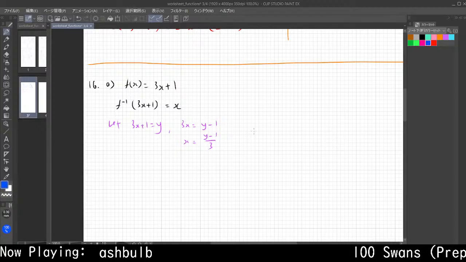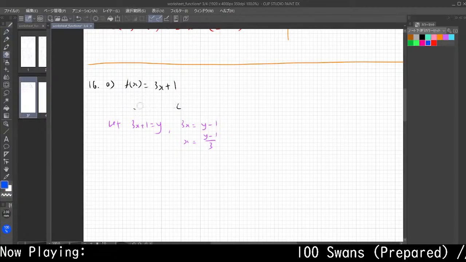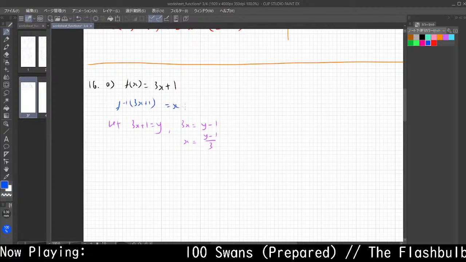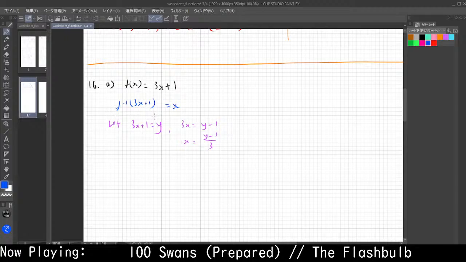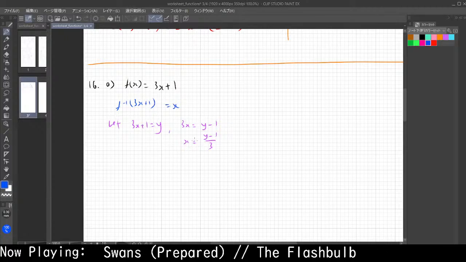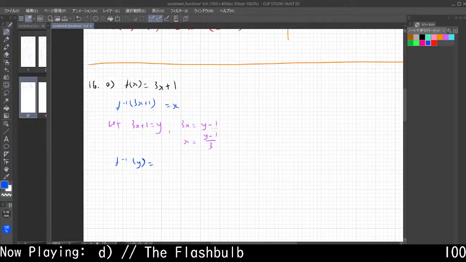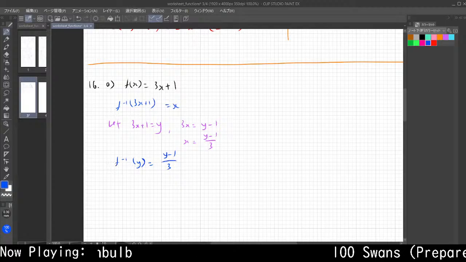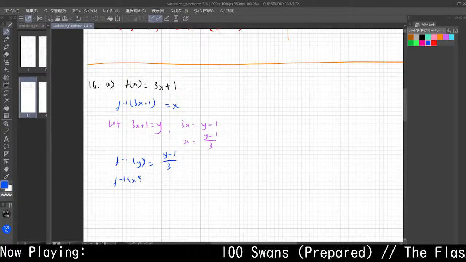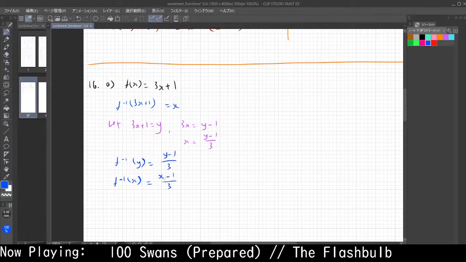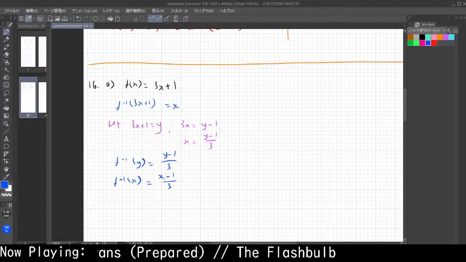Then f inverse y equals x, x equals y minus 1 over 3. You substitute this in. Y changes back to x because we want f inverse x at the end. So f inverse x equals x minus 1 divided by 3. Okay, that's your answer.